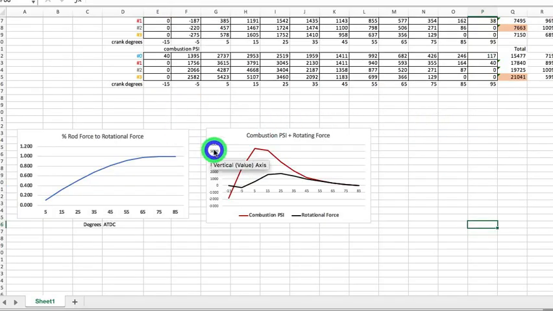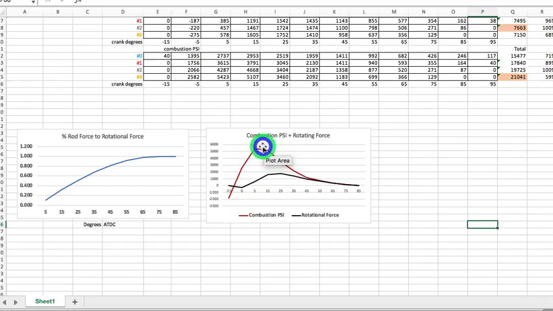You can see in these graphs that as the crank degrees increase, the percentage of force that can be translated from the conrod to the crank wheel increases. It maximizes at 75 degrees.